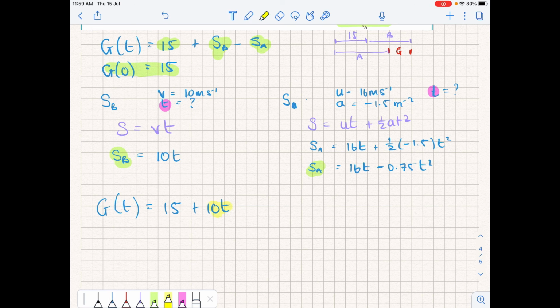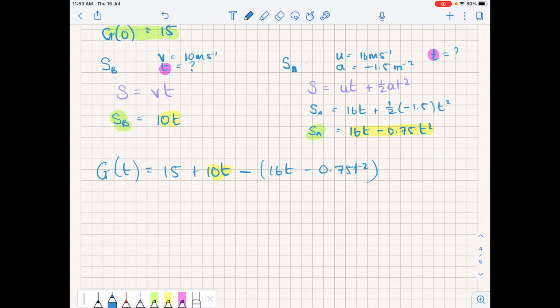This is that 10t over there. And we're going to subtract the displacement for cyclist A, which is over there, which is 16t minus 0.75t squared. Right, at this point, what we can do is we can tidy things up.